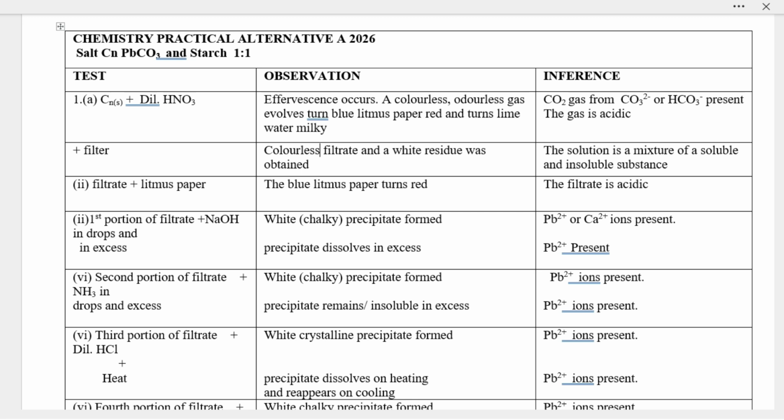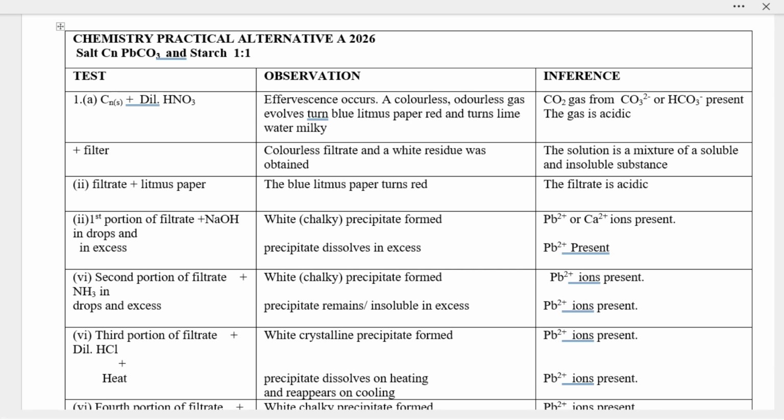In case you are asked to filter, you are going to have a colorless filtrate, and a white residue is going to be obtained, which is a mixture of soluble and insoluble substance. Did you get that?